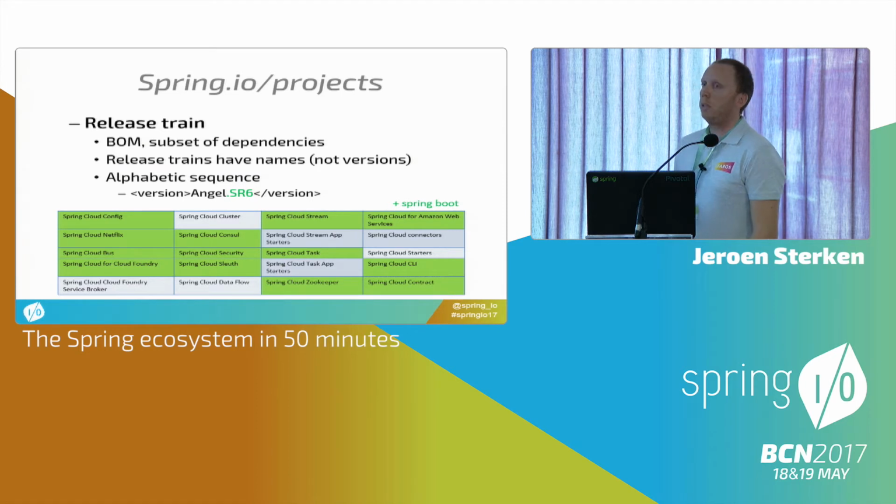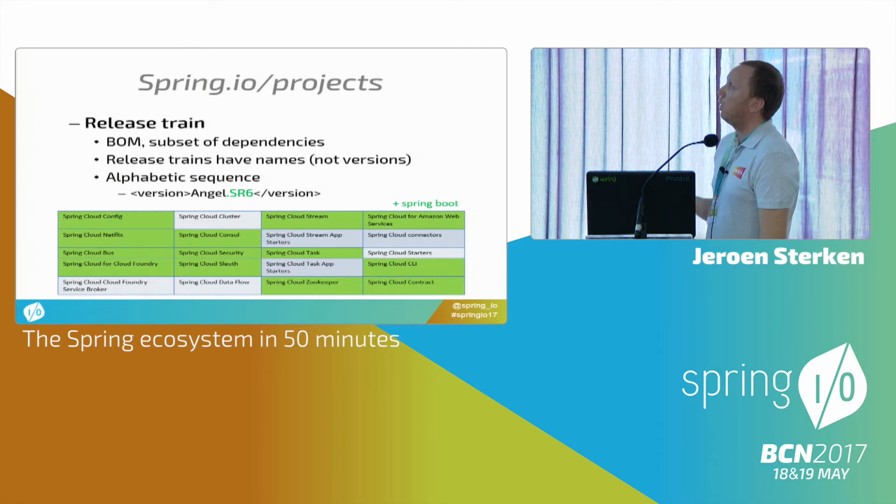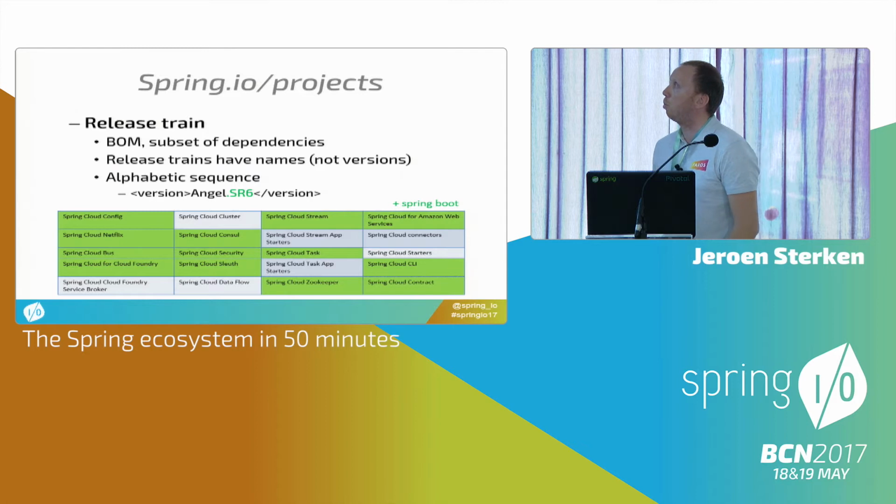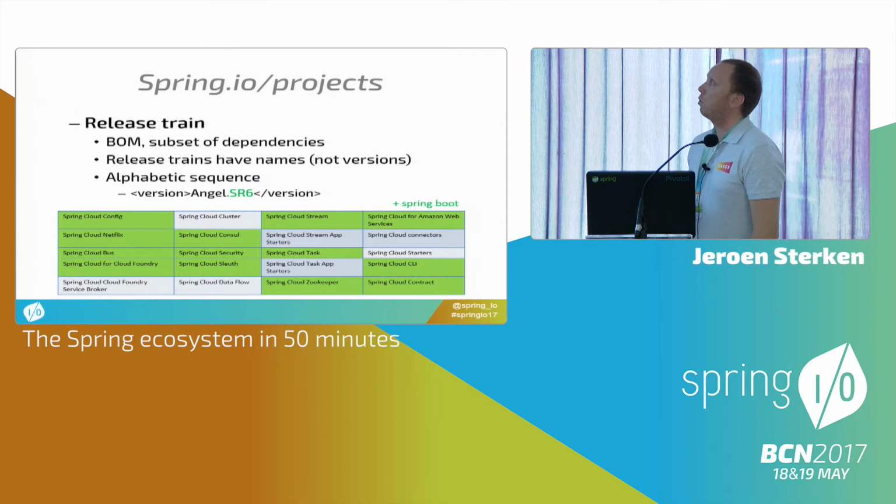So A is the first version, a name that begins with a B is the second version, and so on. Then you can have service releases marked here with the SR and then a version number behind it. That's mostly when, for example, an important bug is found in one of the sub-projects. Then they, of course, release a new BOM file, and this is going to be a service release.